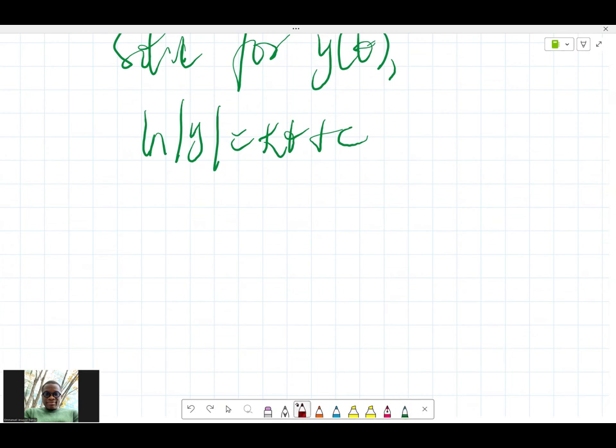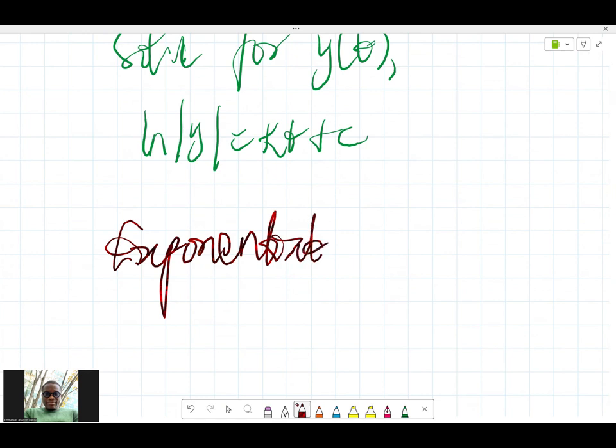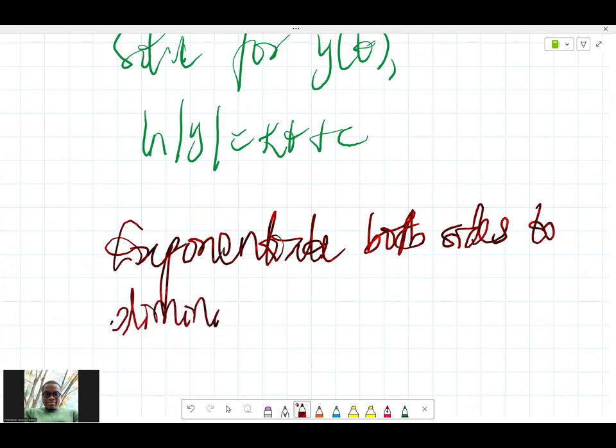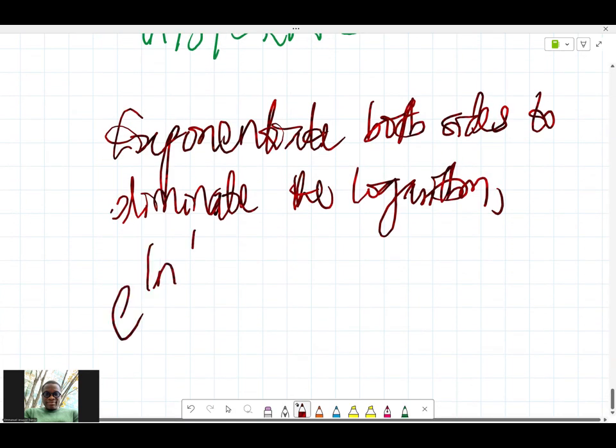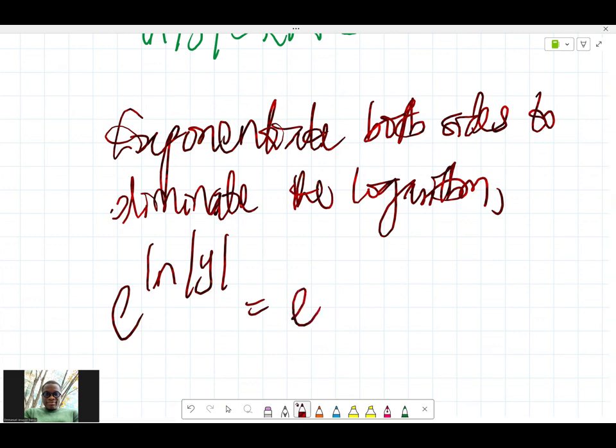You can exponentiate both sides to eliminate the logarithm. So you have e raised to the power ln|y| equals e raised to the power kt plus c.